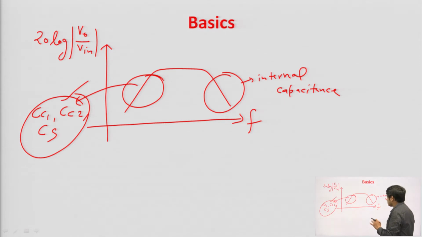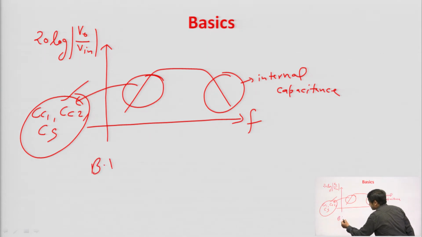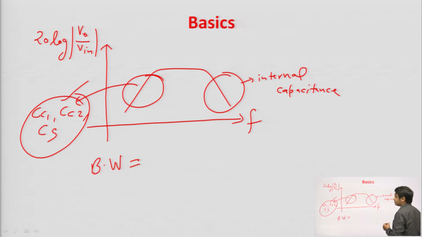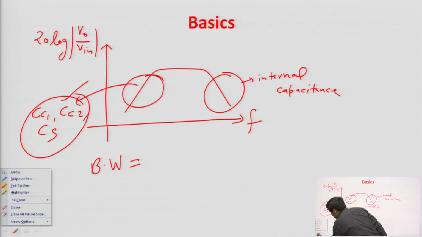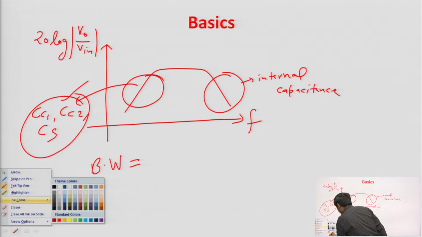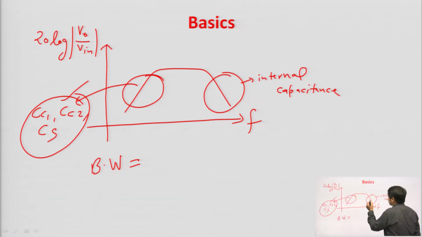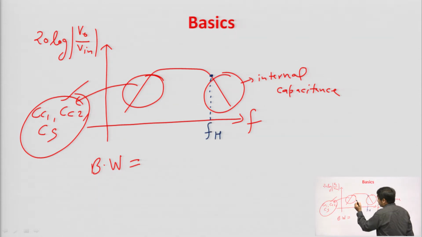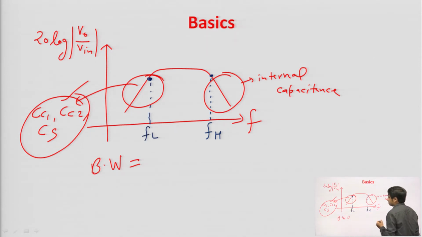Fine. So, what we have to do here? We have to calculate the bandwidth of the common source amplifier. And how do we calculate the bandwidth? We find out the upper 3 dB frequency, that is denoted by FH, and lower 3 dB frequency, that is denoted by FL.